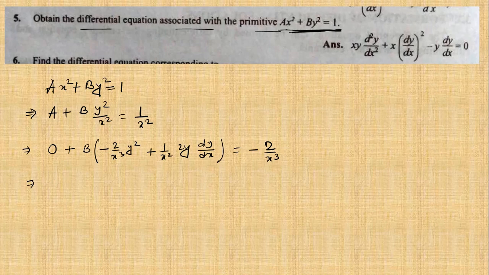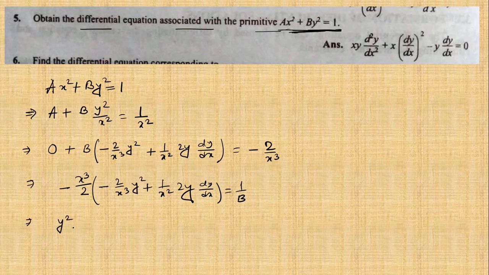Just take b here and x cube, so x cube by 2 minus 2 by x cube y square plus 1 by x square 2y dy/dx is equal to 1 by b. Just multiply to simplify, that is y square minus 2 to cancel out x cube, so xy dy/dx equals 1 by b.